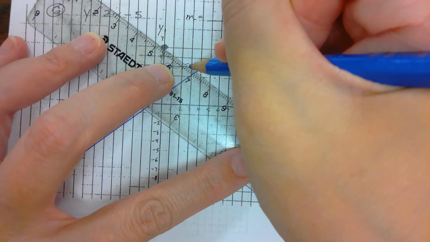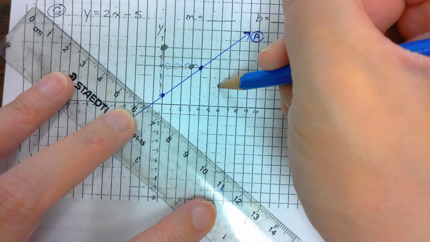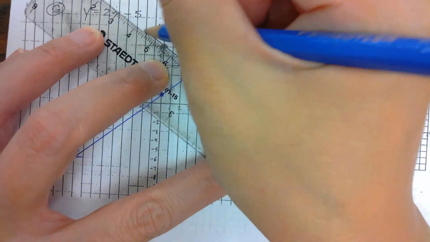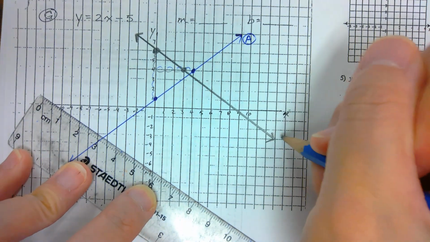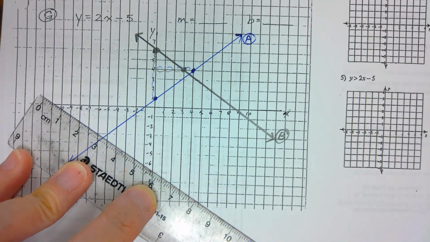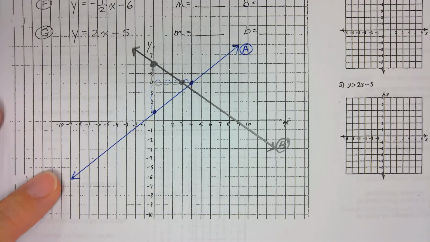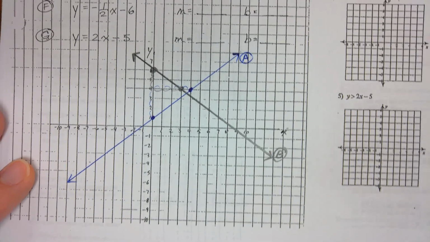If the points are too close, just do your slope again so that it's more accurate. There you go. There's my second line, B. I went down 2 because it was -2, so I went down the elevator 2 floors.